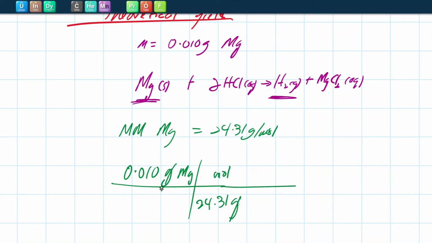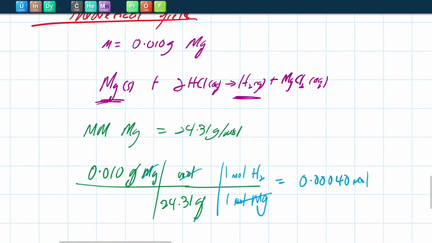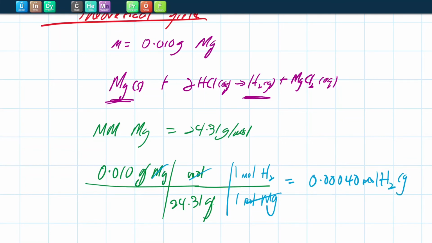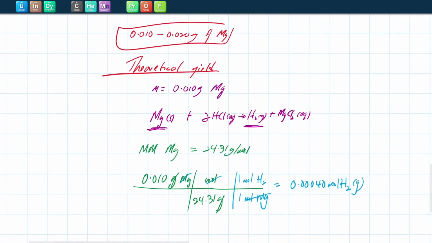And then that could be used to find moles of hydrogen gas, because 1 mole of magnesium gives us 1 mole of hydrogen gas. If I plug this into my calculator, I should have obtained 0.0040 moles of hydrogen gas. And so that's our theoretical yield.